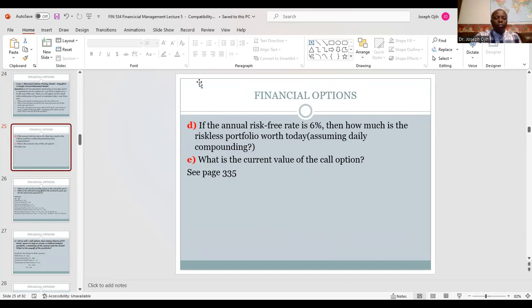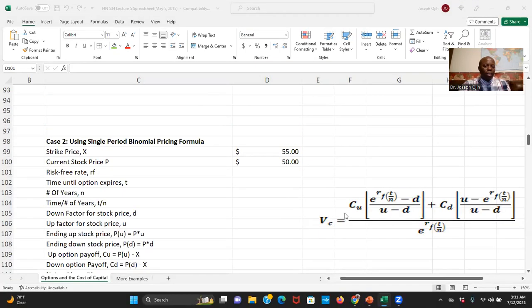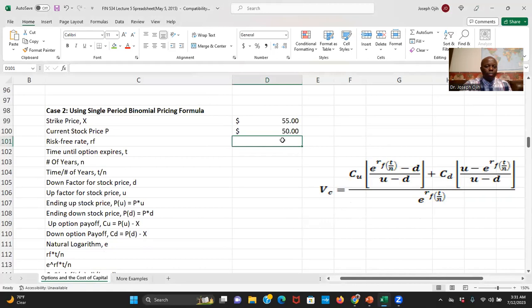So we go back to that place. Make sure you can see this. Good. Now the risk-free rate is 6%, which is 0.06. Okay. Now, time to expire. If you look at the question, it says 1 year.